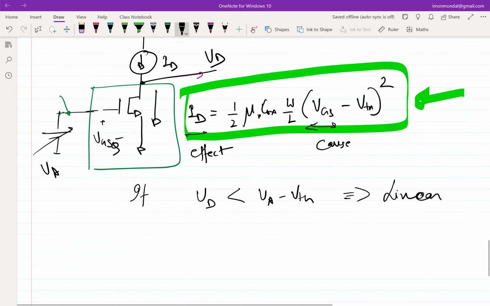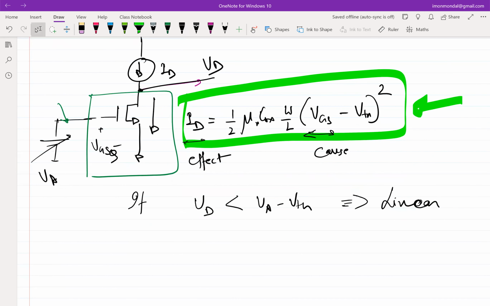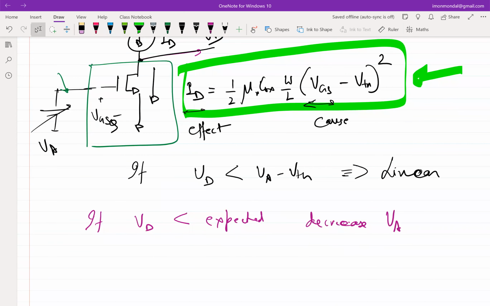So what is the thought process that is playing out at the back of our mind? If VD is less than expected, decrease VA, and the other way around, if VD is greater than expected, then increase VA.